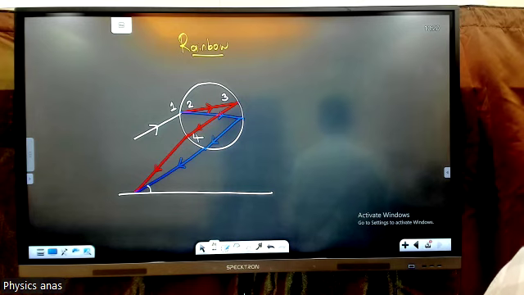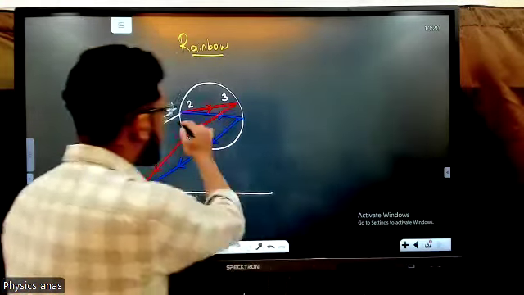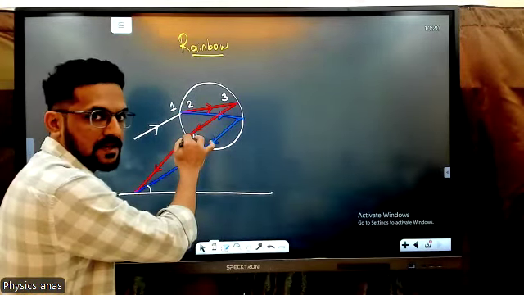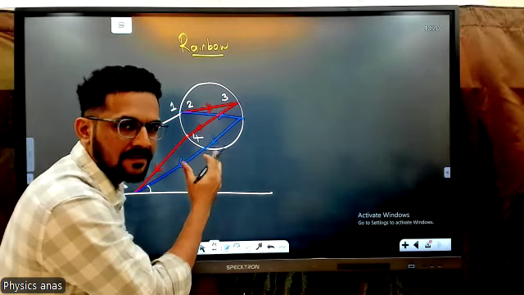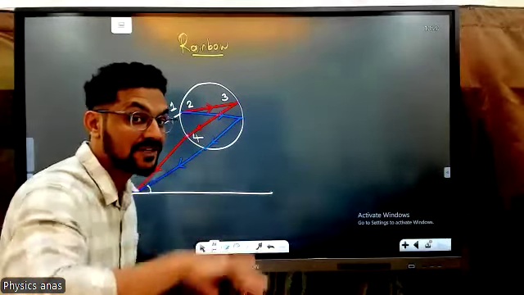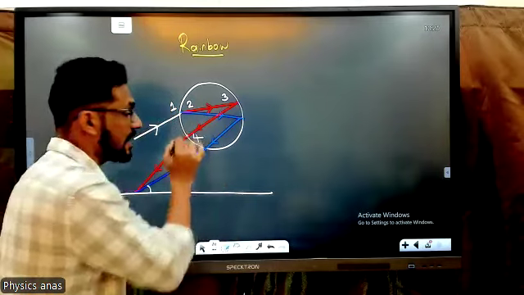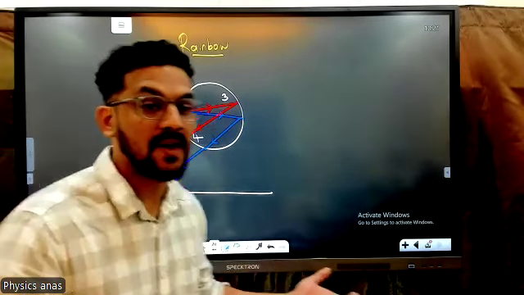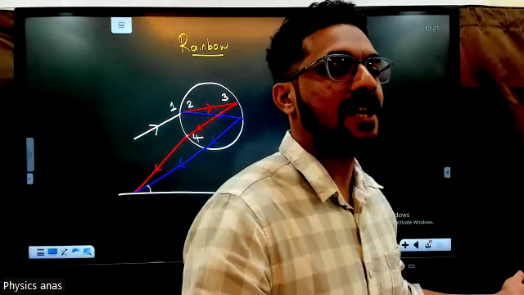So, if it's internally reflected, then it should come in this way. It is internally reflected up to this point. But what happens at this point? The light is coming from one medium to another. If it is coming from one medium to another, again refraction happens.